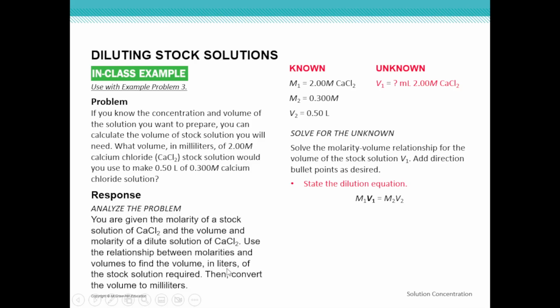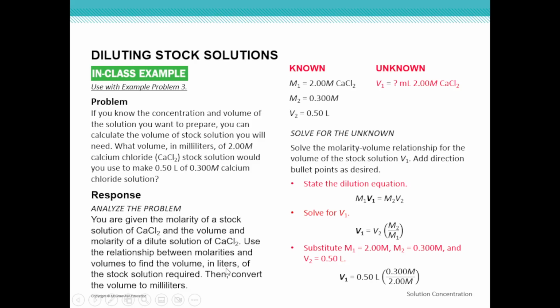So molarity 1 times volume 1 is equal to molarity 2 times volume 2. They're going to rearrange this and solve for V1 first, and then they're going to plug in.